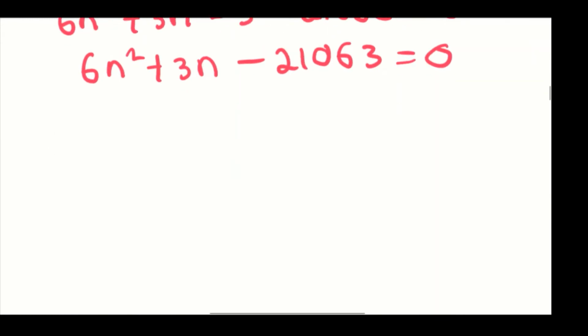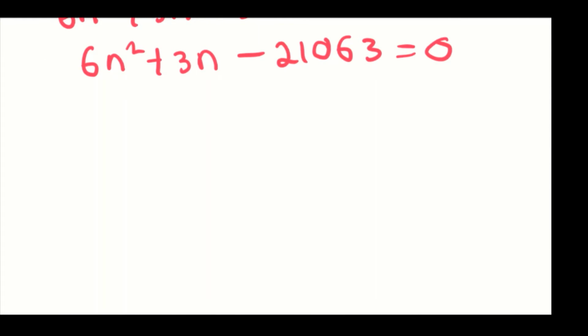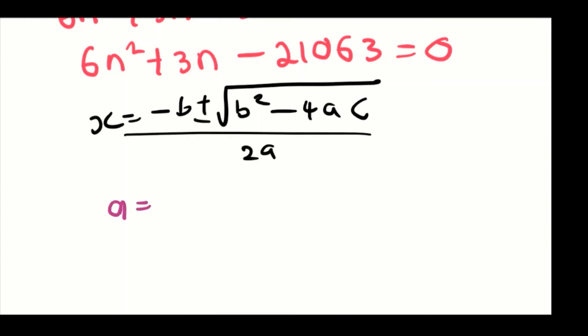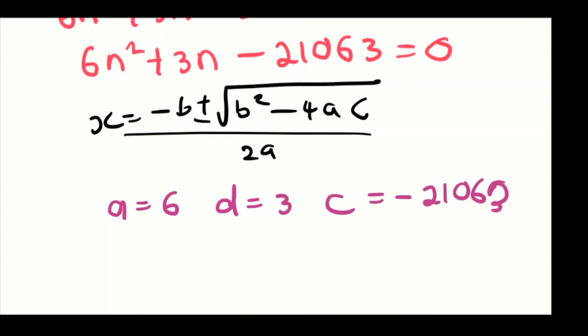And then we can use the quadratic formula, which is x being equal to minus b plus or minus the root of b squared minus 4ac, divided by 2a, right? Where our a value is equal to 6, our b value is equal to 3, our c value is equal to minus 21063, right? So we'll substitute into the equation.